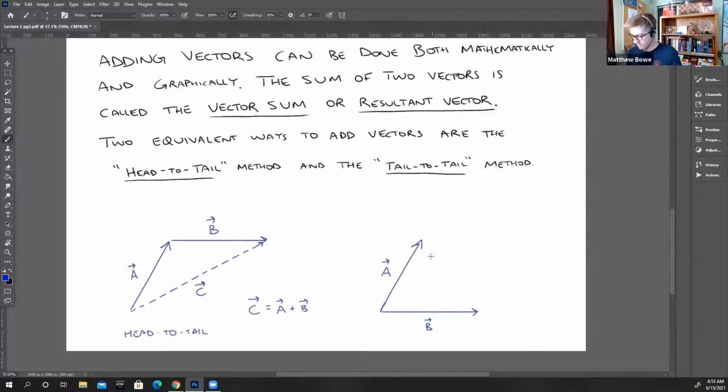Okay, so why it's called the parallelogram or tail-to-tail method is I can then take this section and map it up here to the top. I'm just going to go like this and I'll make it a dotted line in a minute. Vector B, and here is vector A again.